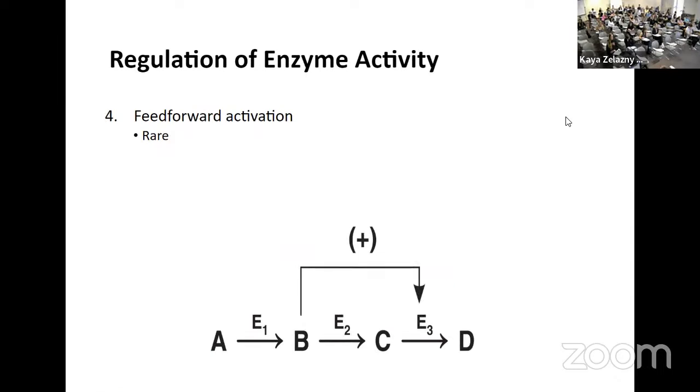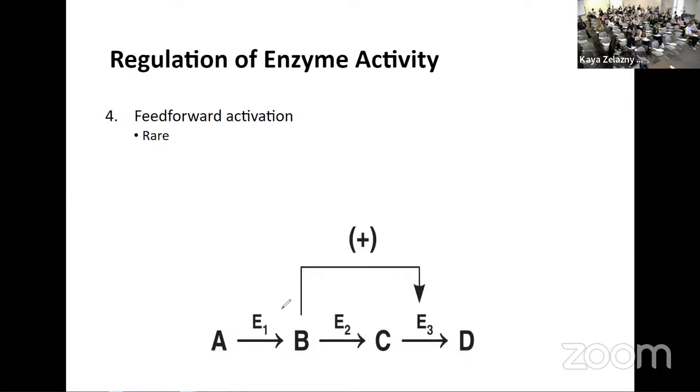So the final bit here is that there is an opposite of feedback inhibition. It's called feed-forward activation. It's rare. We're not really going to talk about it, so it's really here mostly to be complete.